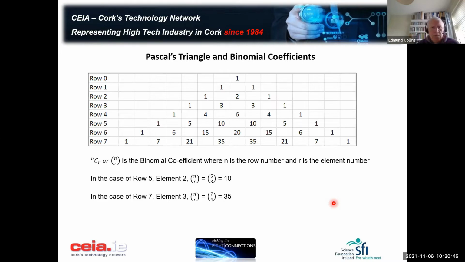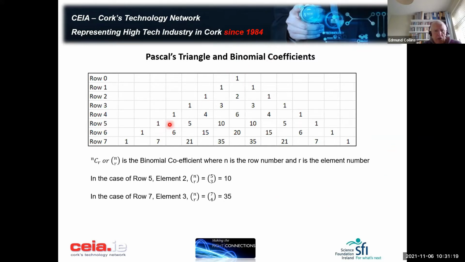Now, just briefly looking at Pascal's triangle and binomial coefficients. This comes up a bit further into probability, outside of the scope of this tutorial, but it is important to understand the triangle, and I think it's quite an interesting development by a very talented mathematician who did an awful lot of work on probability.